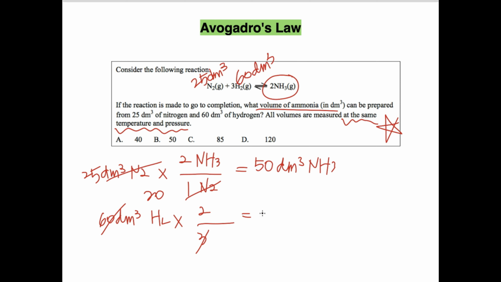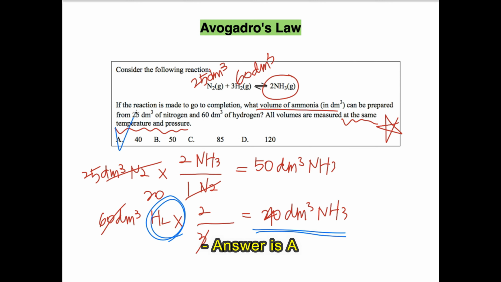So hydrogen will produce 40 decimeter cube of ammonia. What will be the limiting reactant? Obviously hydrogen, because it produces the least amount of ammonia. So the volume, 40 decimeter cube of ammonia, will be produced.